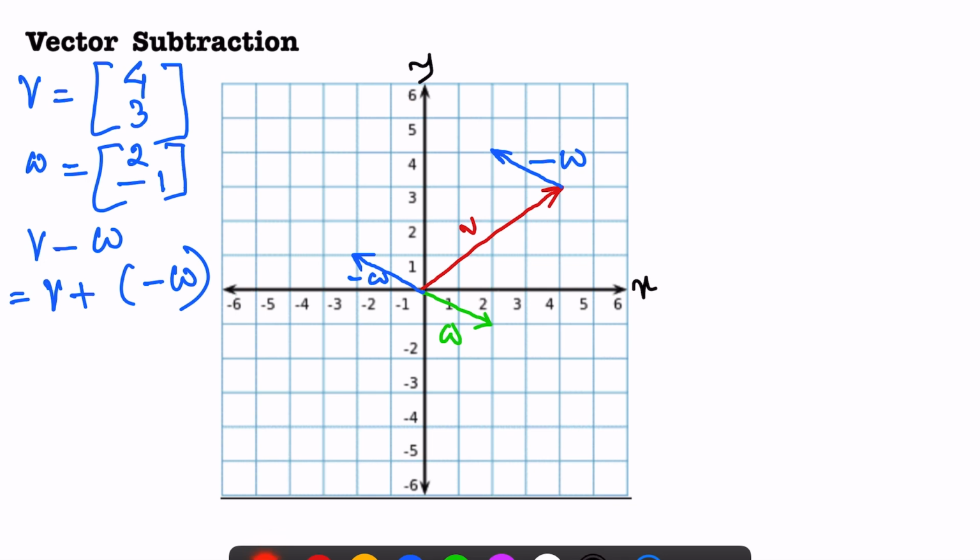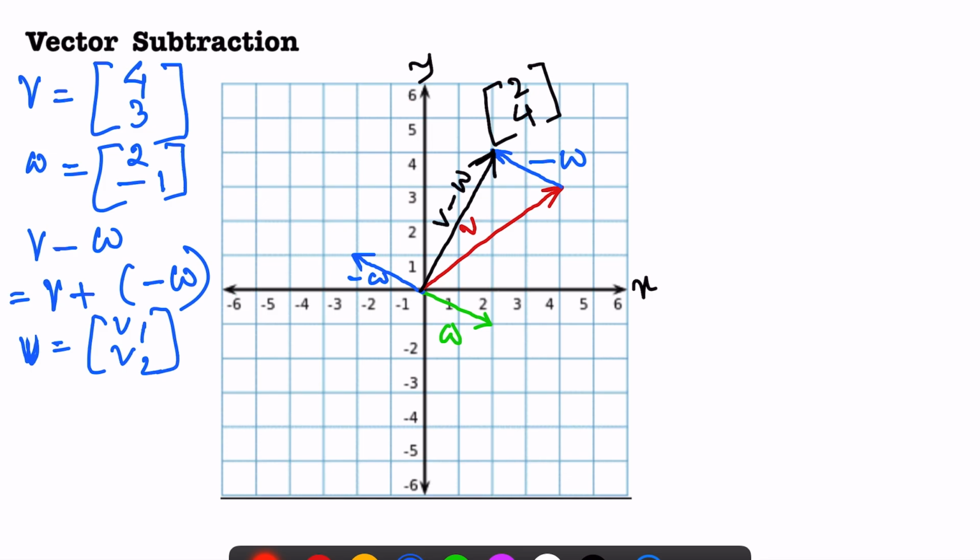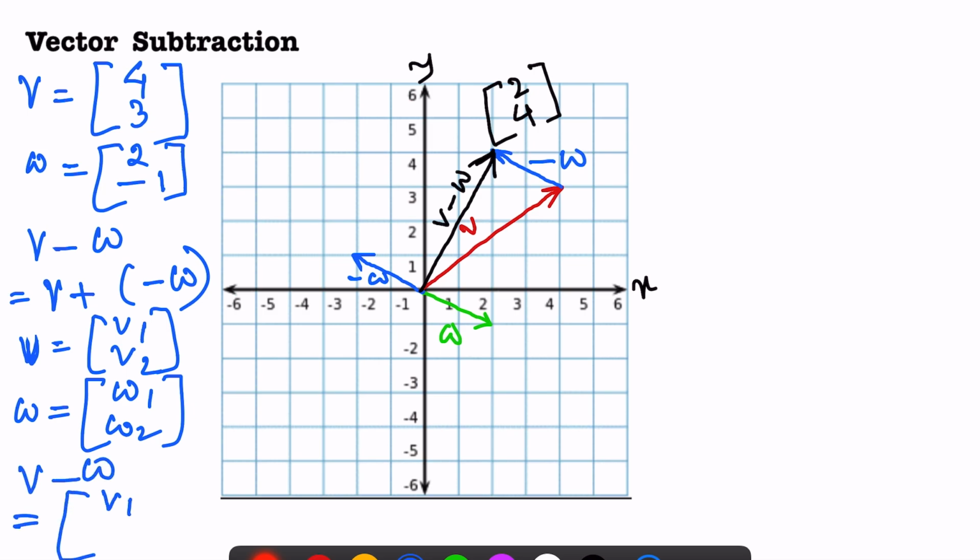Our resultant vector will be this one, v minus w. Its coordinates are 2, 4. So if we have one vector v, that is v1, v2, and another vector w, that is w1, w2, then v minus w will be v1 minus w1 and v2 minus w2.